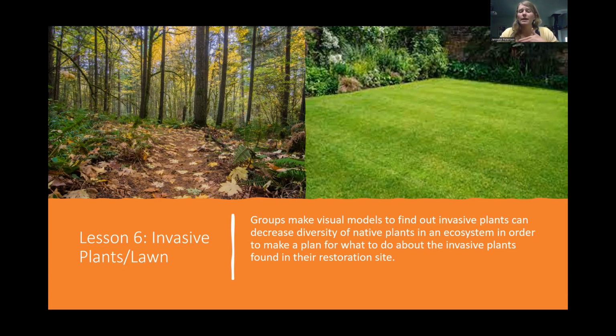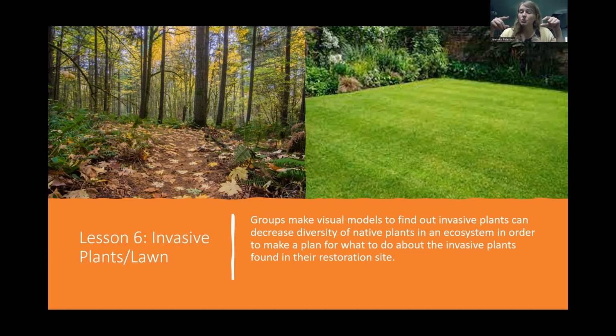During this, groups make visual models to find out that invasive plants can decrease diversity of native plants in an ecosystem, in order to make a plan for what to do about the invasive plants found in their restoration site. And again, if there are no invasives in your restoration site, just skip lesson 6, except for part 1. Please do, I made a big note at the top.